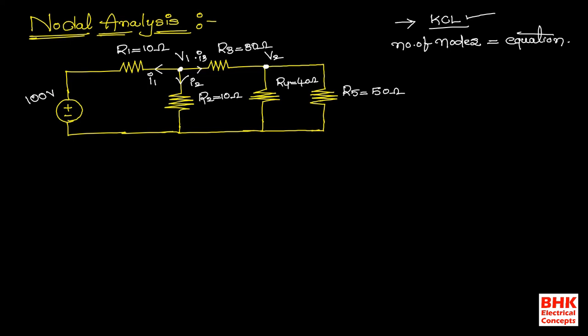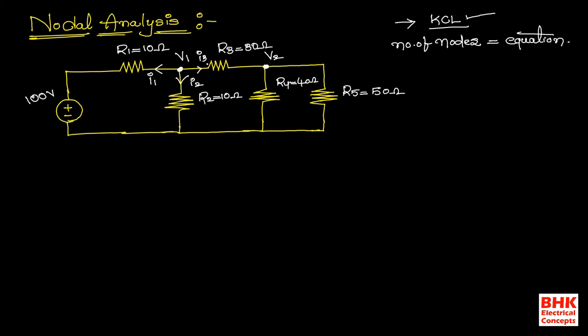I1 is the current flowing in the R1 resistance, I2 is the current flowing in the R2 branch, and I3 is the current flowing in the R3 branch, and these three currents are outgoing from this junction point. This is the most important step: when applying nodal analysis, the currents are always taken outgoing from junction points 1 and 2.